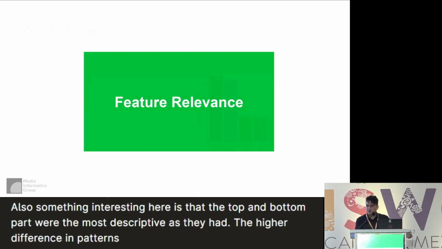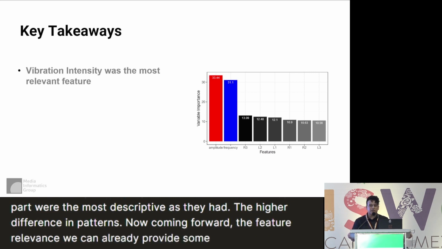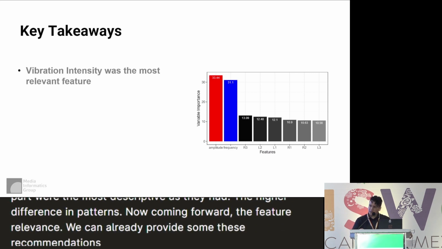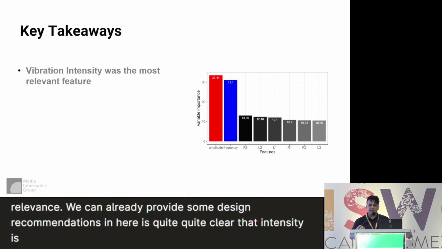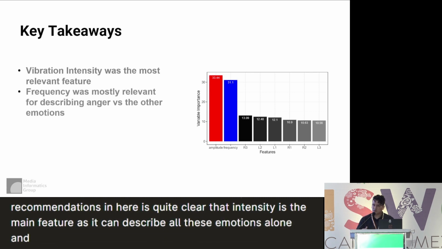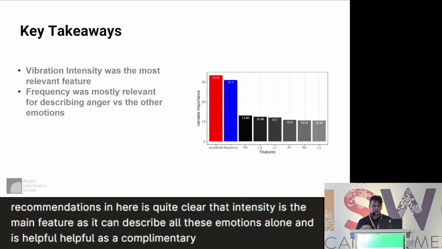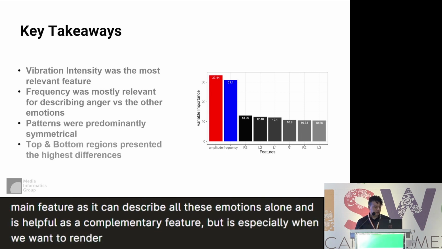Now, coming to feature relevance, we can already provide some design recommendations. It is quite clear that intensity is the main feature, as it can describe all these emotions alone. Frequency is helpful as a complementary feature, but is especially good when we want to render anger.